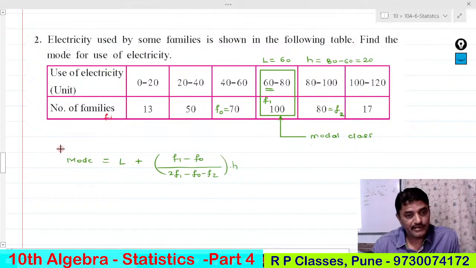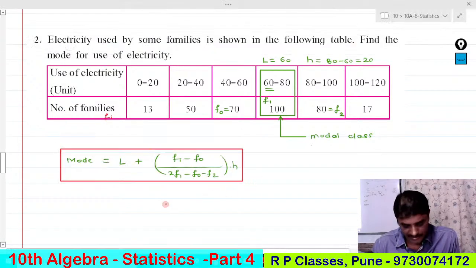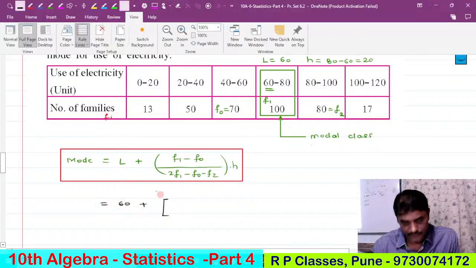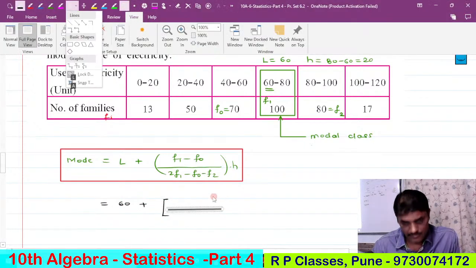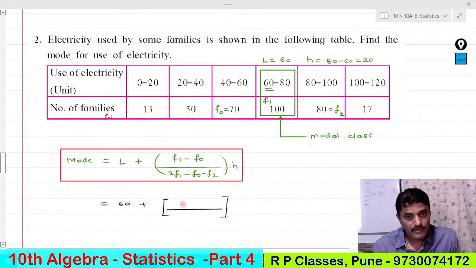Let us substitute in this formula. What do we get? That is equal to L, 60, plus, what will come? It's 100 minus 70, over 2 times 100 minus 70 minus 80, into h.